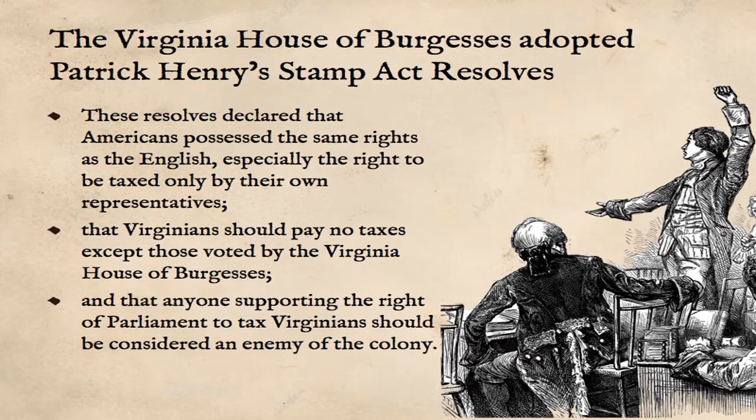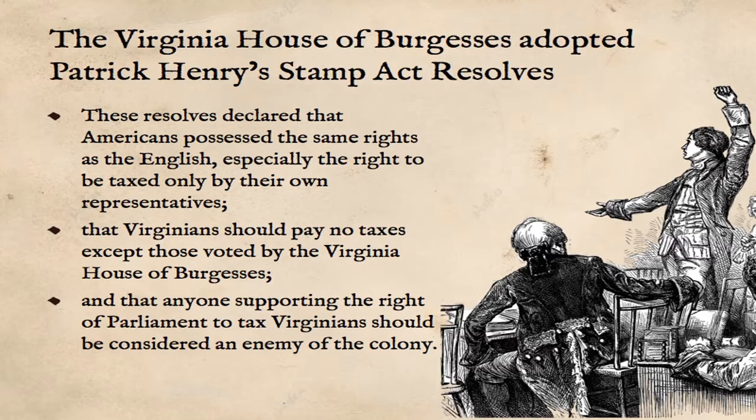So the Virginia House, as a way to show their displeasure for that, passed the Stamp Act Resolves. Again, remember that they're just colonies, so the Virginia House of Burgesses was still part of the English crown.